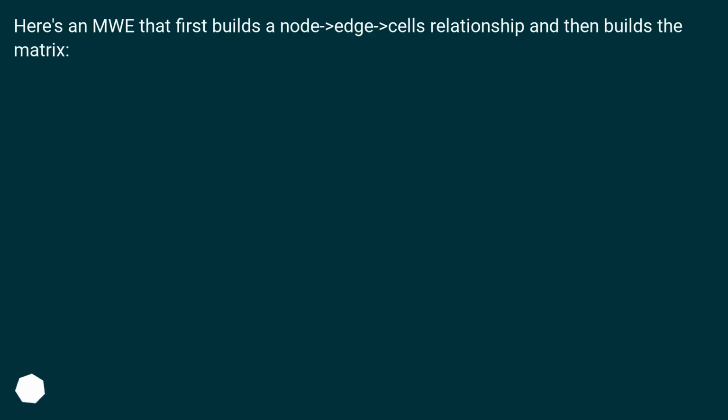Here's a MWE that first builds a node, edge, cells relationship, and then builds the matrix.